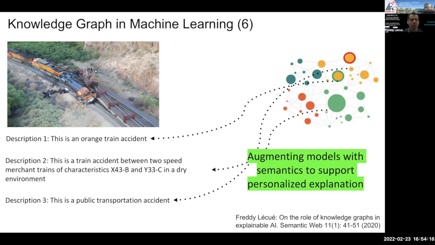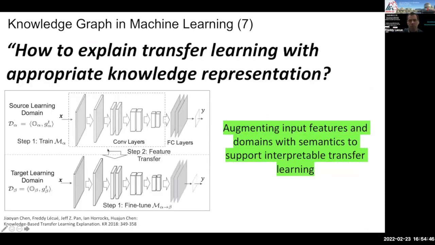But if I'm a user who has no idea about what the train types are, I just need a simple description of what the image is, and that's good enough. So again, that's something to be considered. And depending on the level of the analysis that you're doing, you might need a particular explanation and need to customize it.